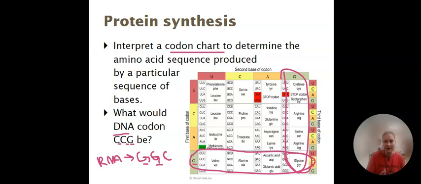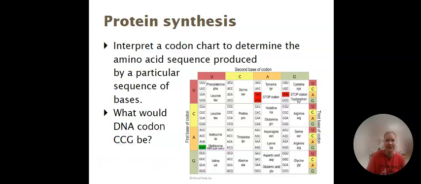My third base is a C, which I have drawn over, so I'm going to have to get rid of it. So my third base is a C, so GGC gives me the amino acid glycine. There we go. So that's how you would use a codon chart in order to find your amino acid sequence to build a protein.